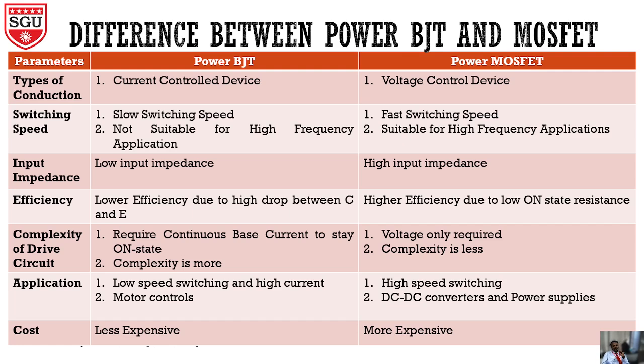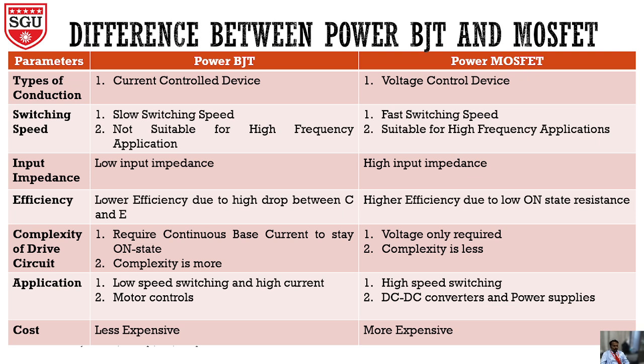Power BJT is used for low speed switching and high current applications, especially motor control. Power MOSFET we know can be used for fast switching, so for high speed switching applications. It is normally used for DC to DC converters and power supplies.